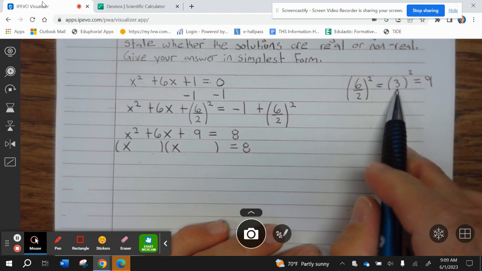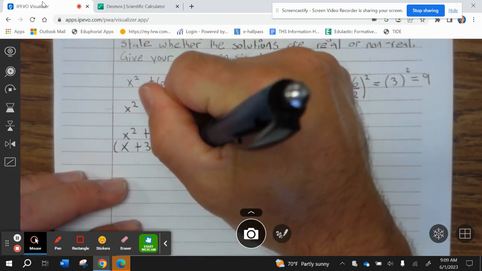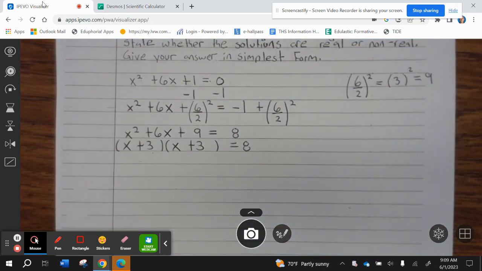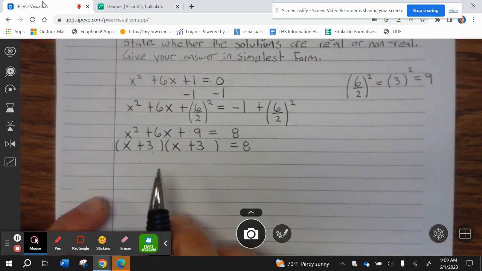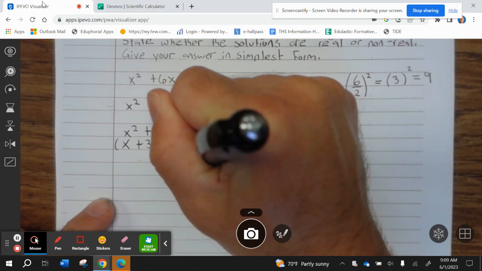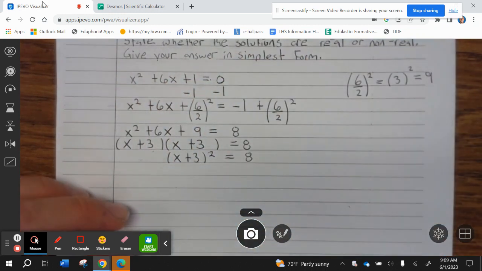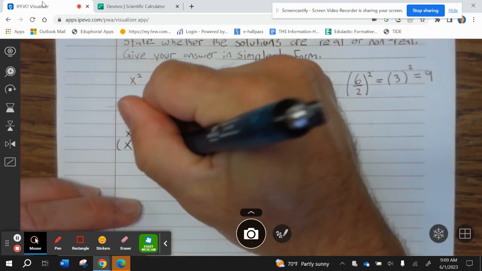This number right here is our factor. So x plus 3, x plus 3. Okay, so now x plus 3 times x plus 3 is x plus 3 squared equal to 8. Now we can take the square root of both sides.